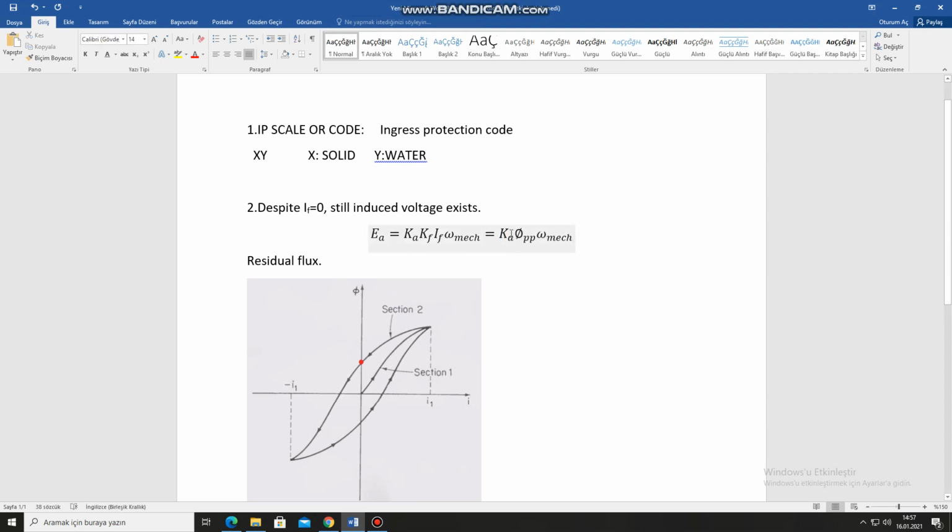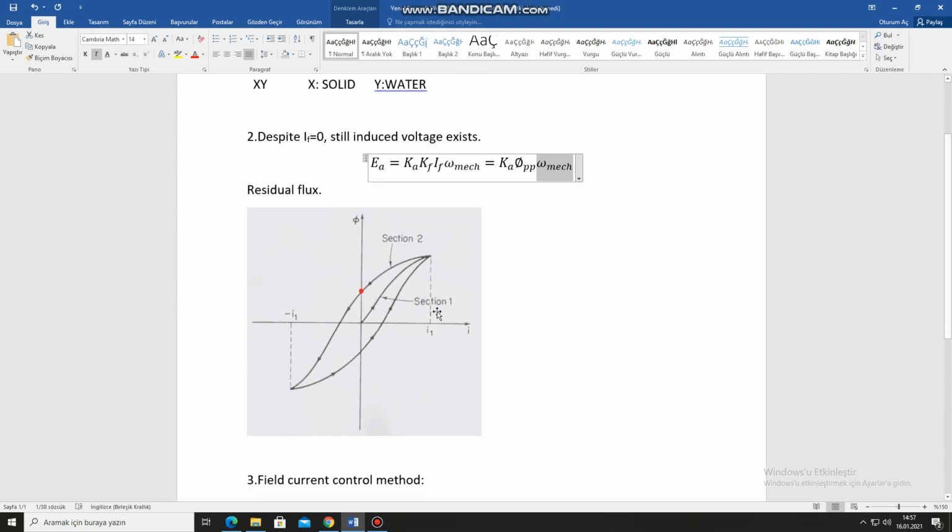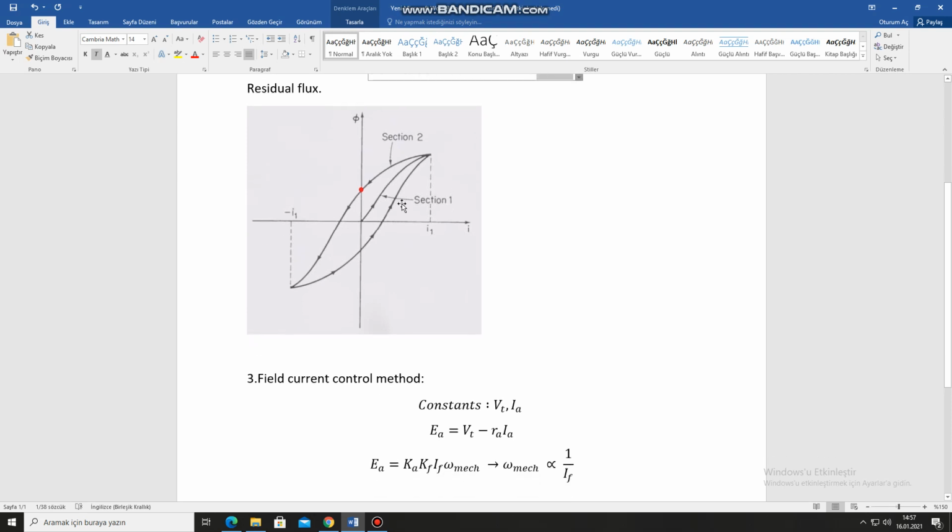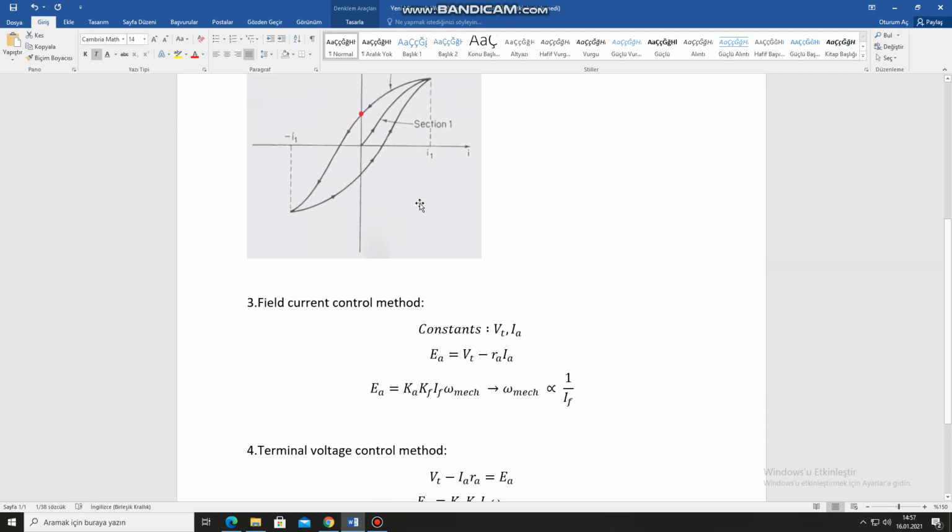If we have flux per pole, which is the residual flux, this is just a constant, and we still have omega mechanical, so it's expected to have some induced voltage even if we make I_F 0. To summarize, we still have the residual flux and we have omega mechanical. As a result, it's expected to have some induced voltage. And let's go on with the third question.